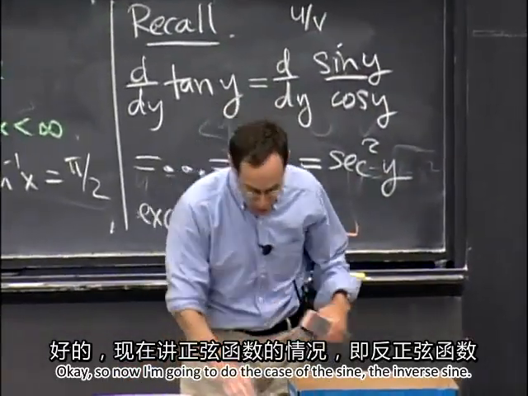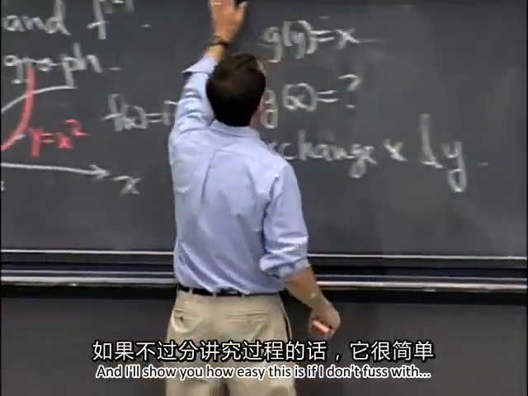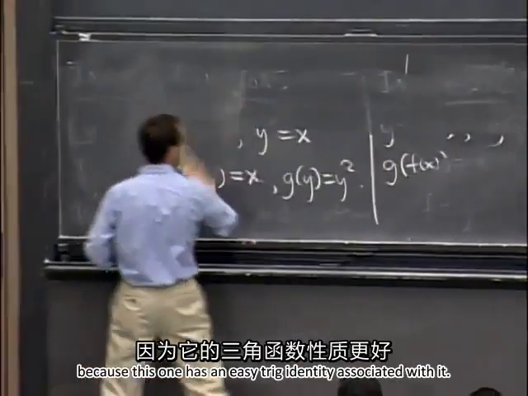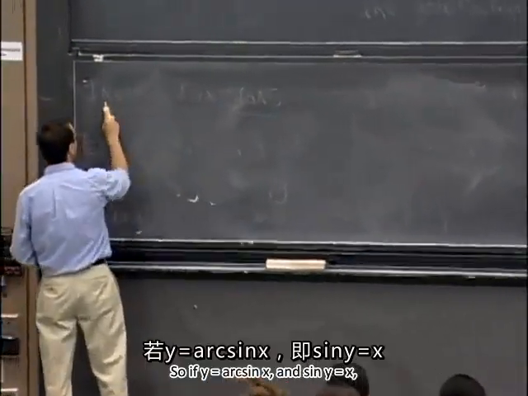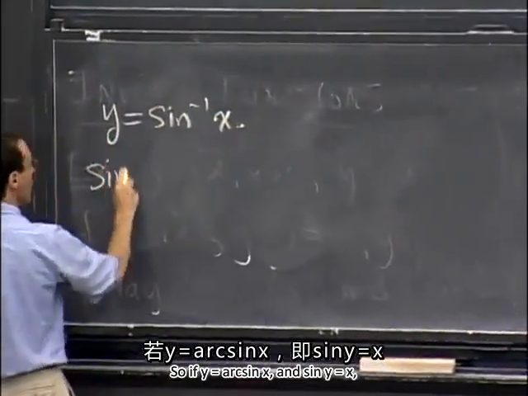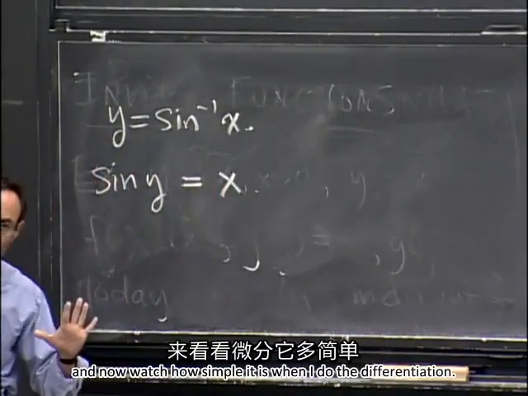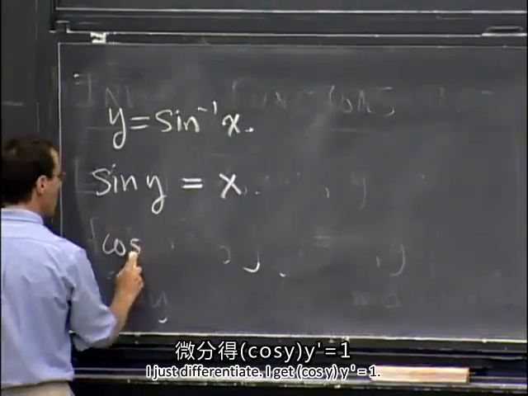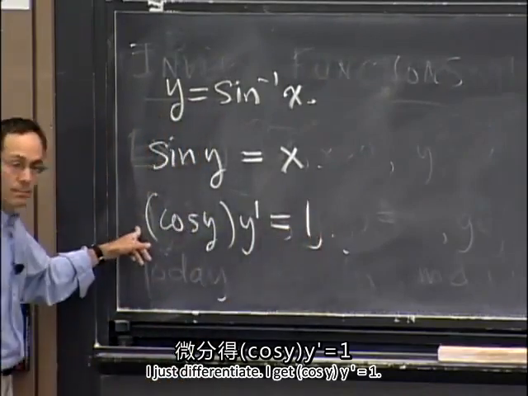Okay, so now I'm going to do the case of the sine, the inverse sine. And I'll show you how easy this is, because this one has an easy trig identity associated with it. So if y is equal to sine inverse x, then sine y is equal to x. And now watch how simple it is when I do the differentiation. I just differentiate. I get cosine y times y prime is equal to 1.